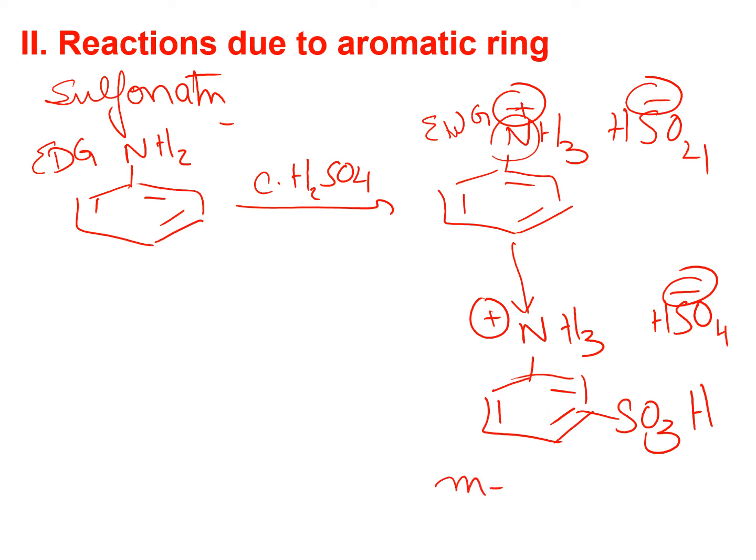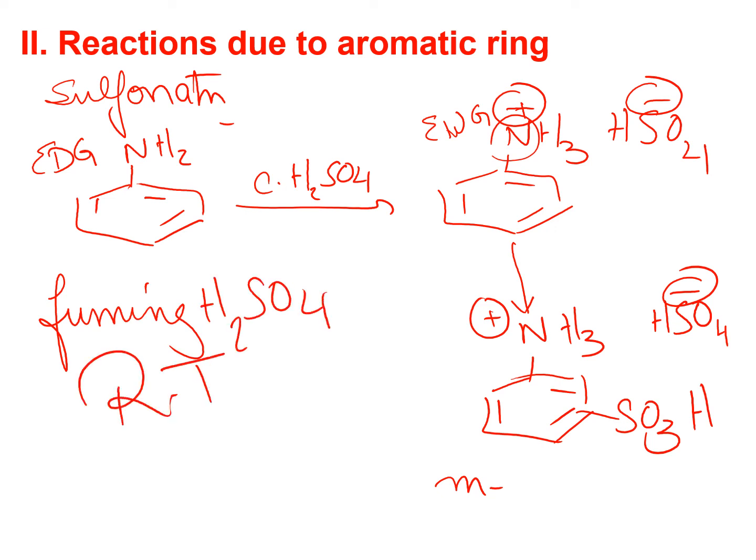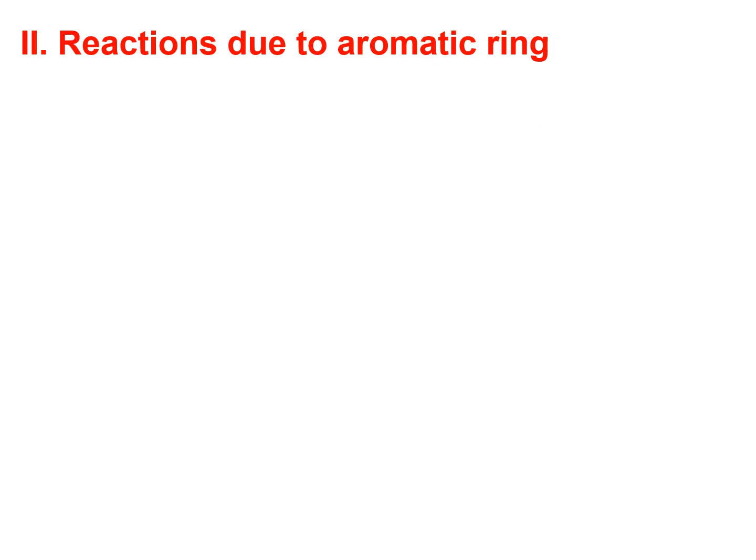What you need is the ortho or the para. If you actually need the meta, then this is a perfect reaction. Just use fuming sulfuric acid and stay at room temperature. If you do that, you will end up with the meta-substituted amino compound. However, if your target compound is the ortho or the para, like we are usually used to do, if we need an ortho or a para substituent, we use an electron donating group.